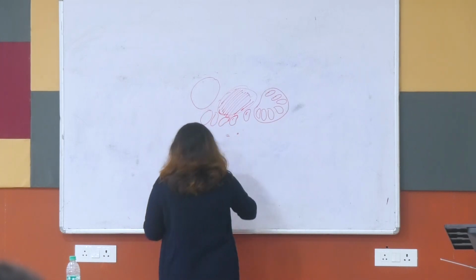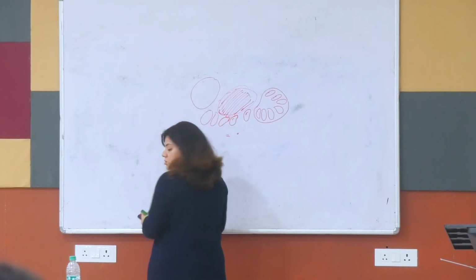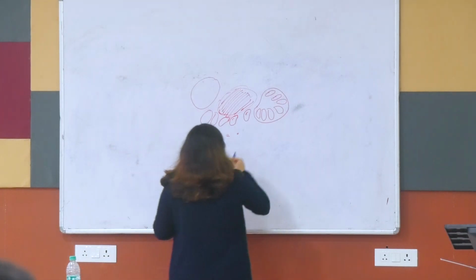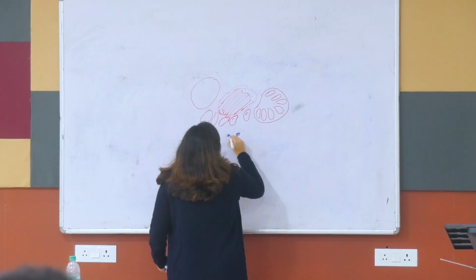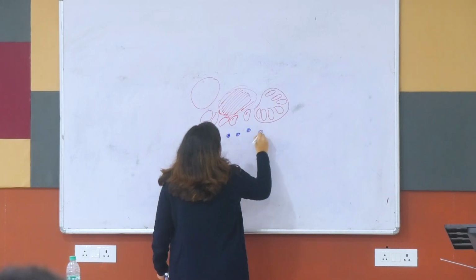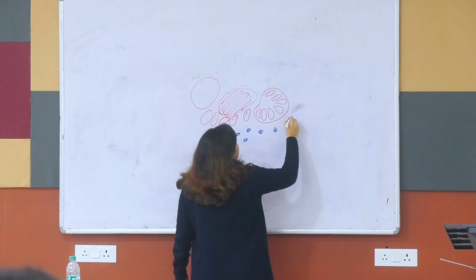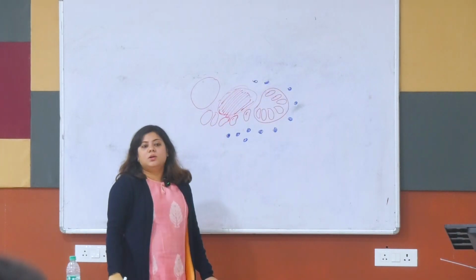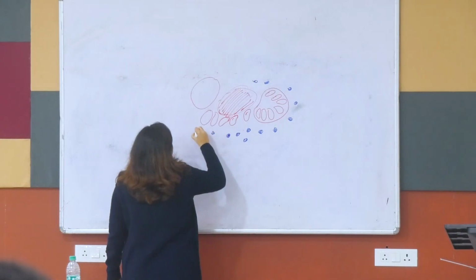Then there will be, let me do it with another color, all these. These are what? They will be blue in color. Color of what? Lymphocytes.